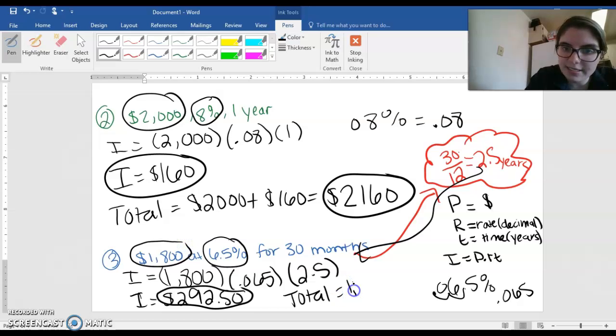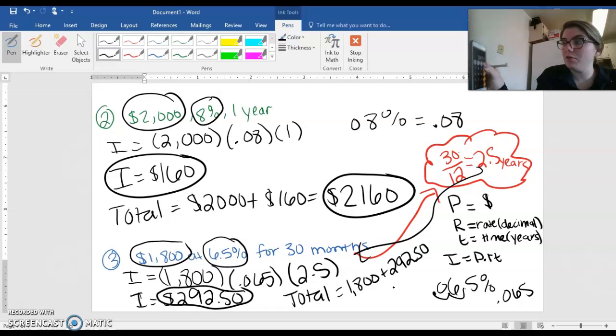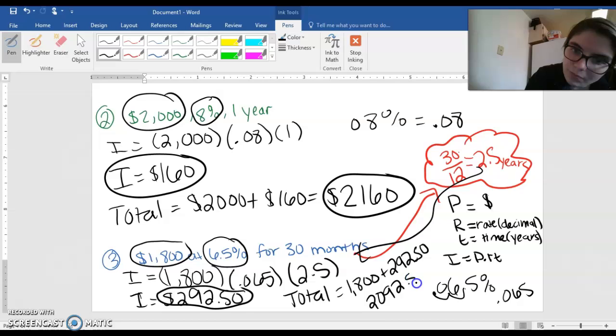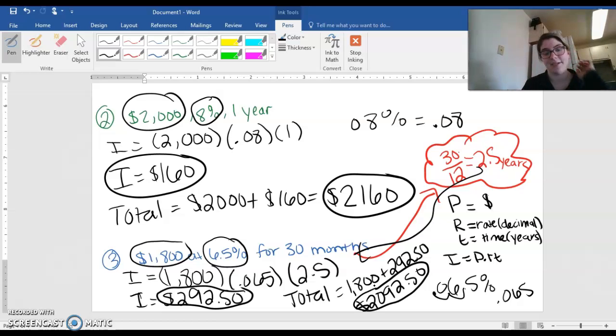So I have the 1,800 plus the $292.50. So when I add those two together, and if you're stuck, use your calculator. That's okay. Plus 292.5, you get 2092.5. So $2,092.50 would be your total. Sorry for having to squish that all in right there.